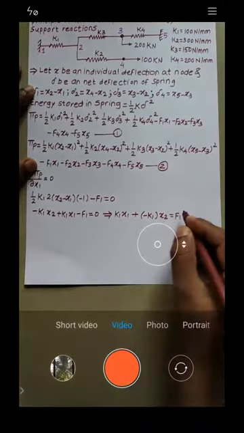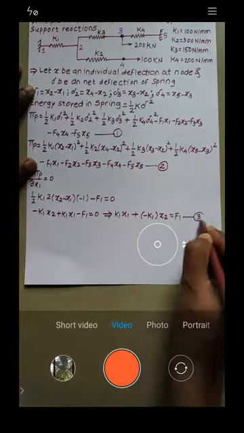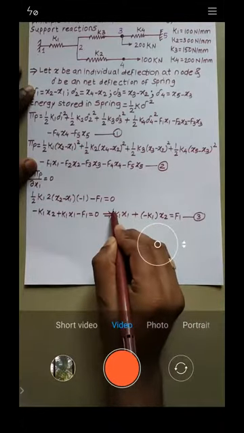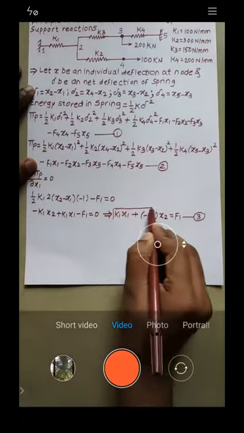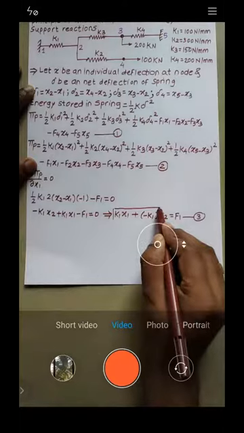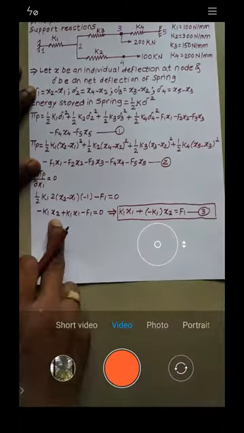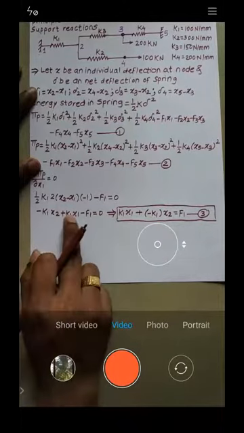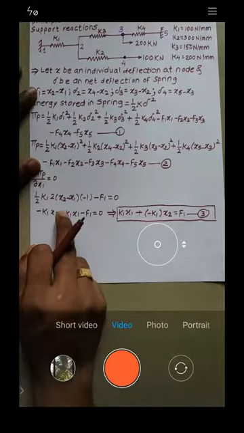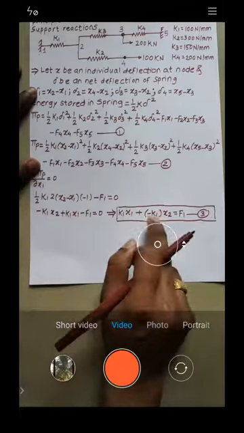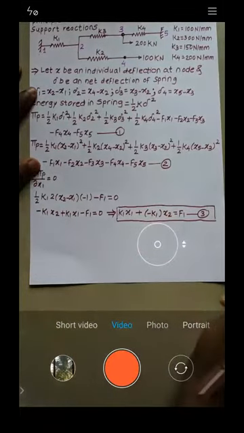Is it okay? Yes or no? Both the equations are one and the same or not? See here, k1 into x1, next term minus k1 x2, minus f1. If you bring it on the right hand side, it becomes plus. Is it okay?